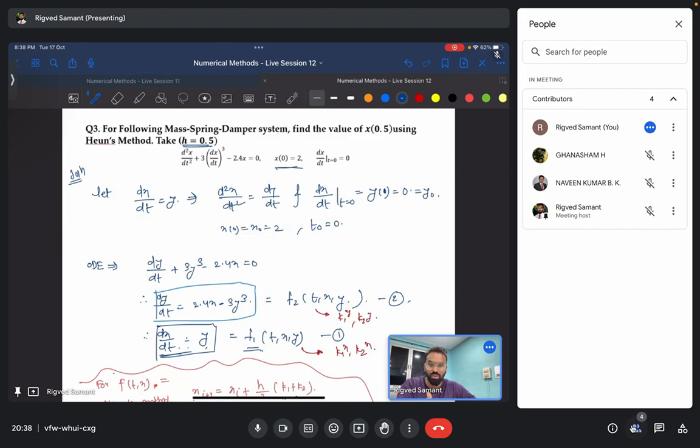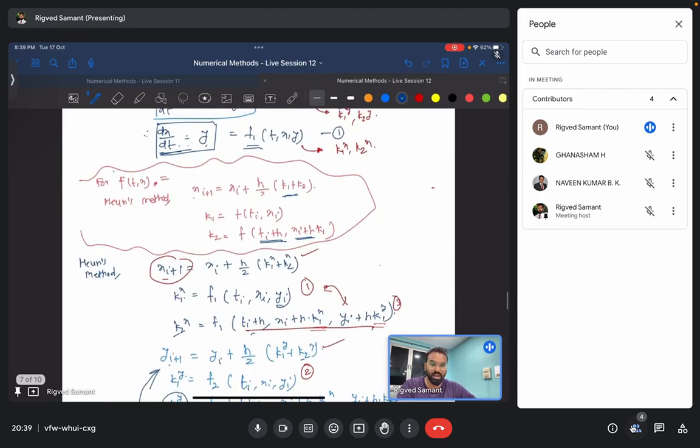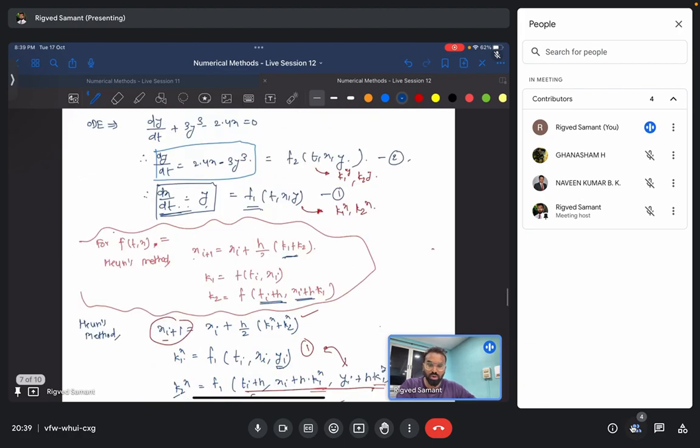It's not that the RK4 method will not be useful. Then you have to do K1, K2, K3, K4 for both equations, so there would be a total of 8 Ks, with relations to each other, and then you have to solve. That would be very tedious, but your solution would be more accurate.